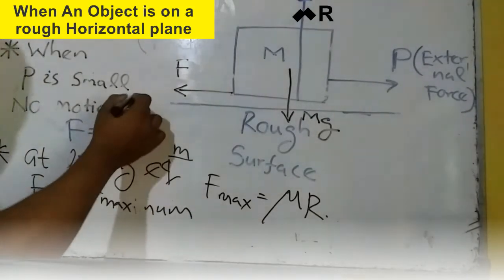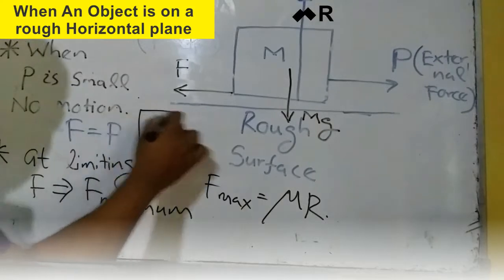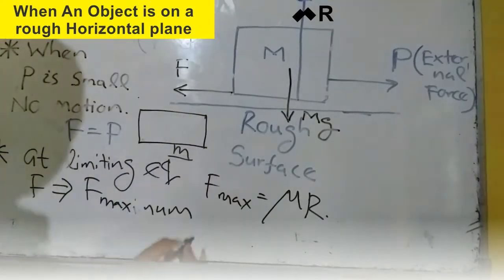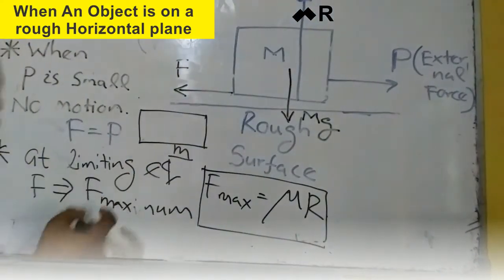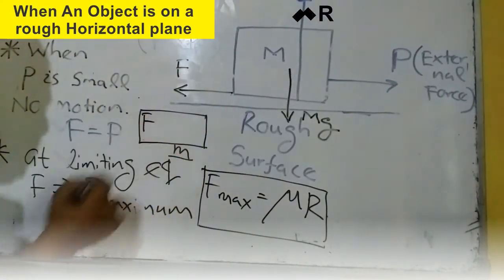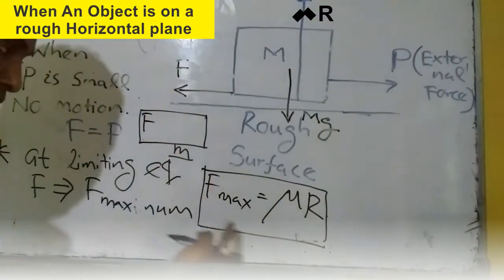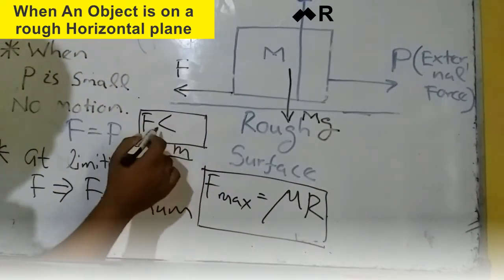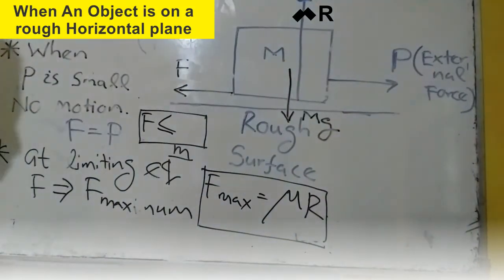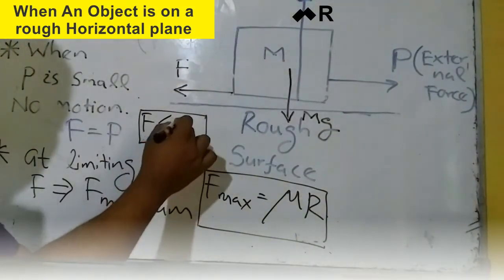Therefore, I can write an inequality here. Here you can use this as a formula. F is less than or equal to maximum friction. Why? If it comes to the limiting point, this can be used.